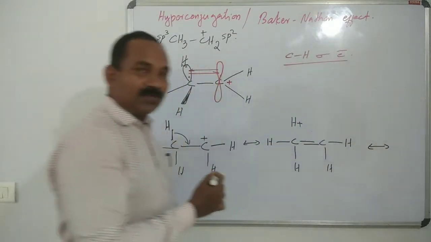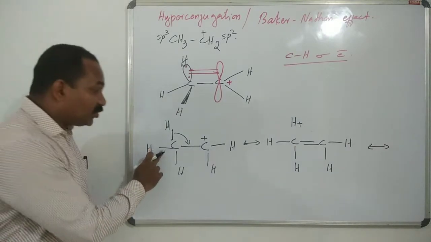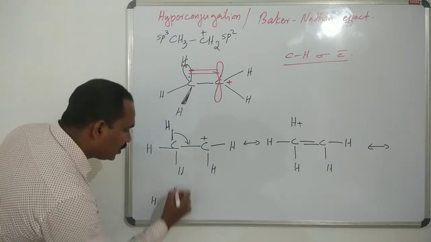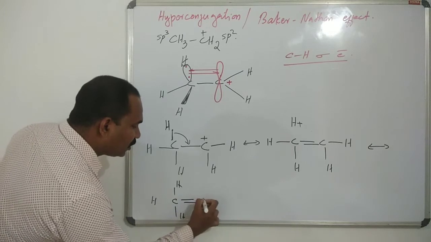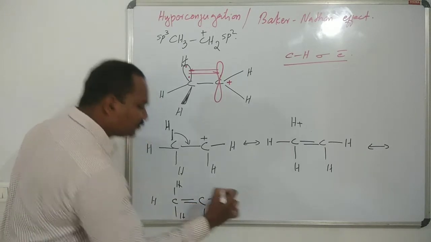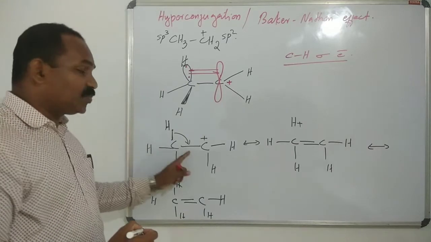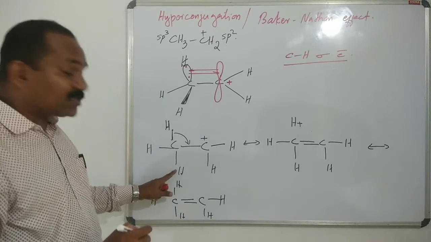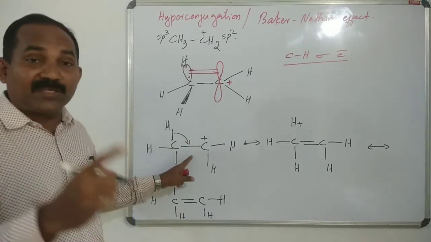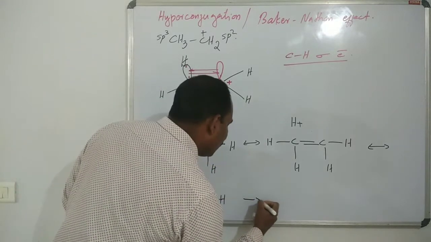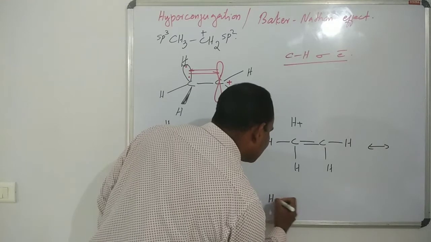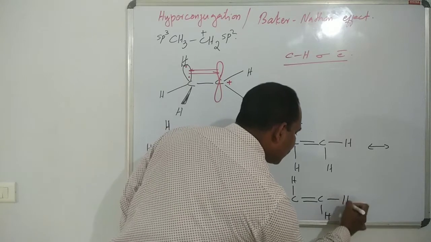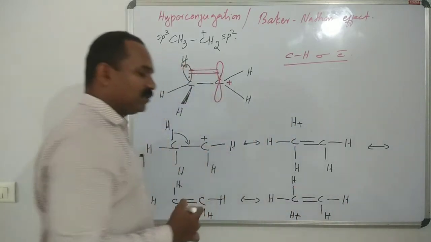And another possibility: this hydrogen participates in the hyperconjugation. So we have the structure H, C, H, H double bond C, H, H. When this hydrogen participates in the hyperconjugation, the structure is like this. And another possibility: this hydrogen participates in the hyperconjugation, and we have another structure, double bond C, H, H, and the hydrogen is positively charged.